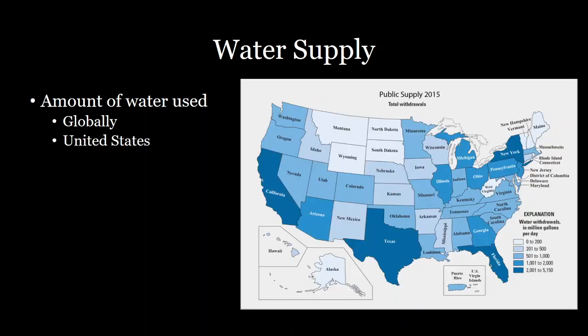If we zoom in on the United States, we can see that the United States uses a lot of water. States like California, Texas, Florida, and New York, which have a lot of people, can use upwards of 2 billion gallons per day. So it's not an insignificant amount of water that some of these states are using.